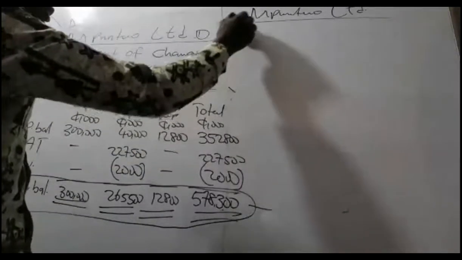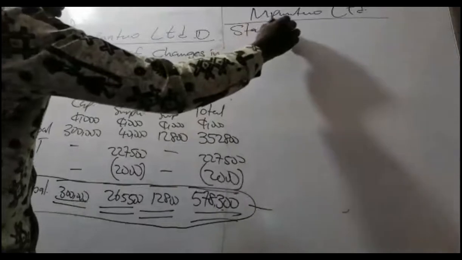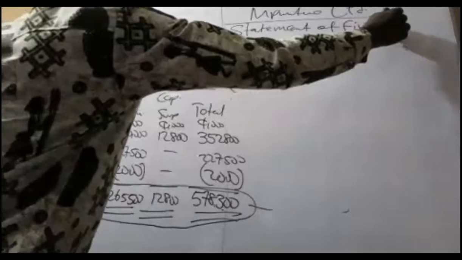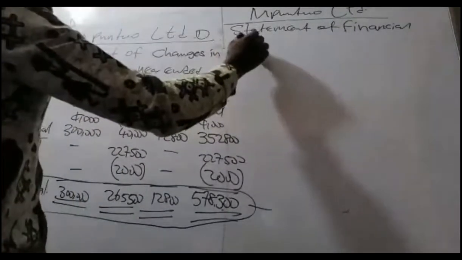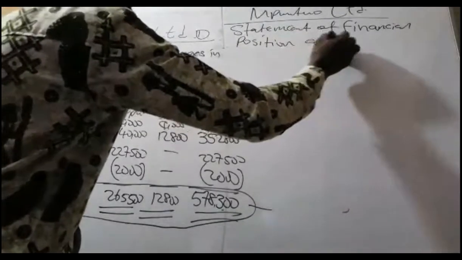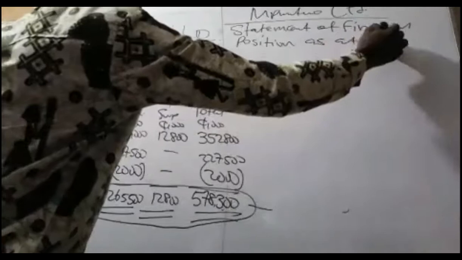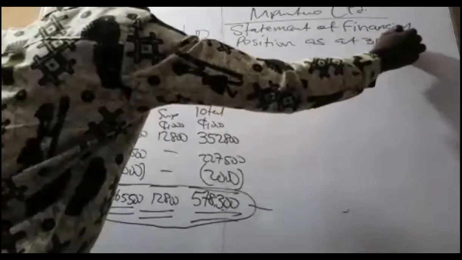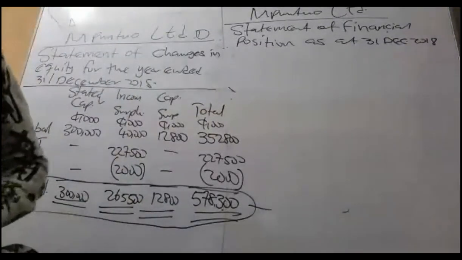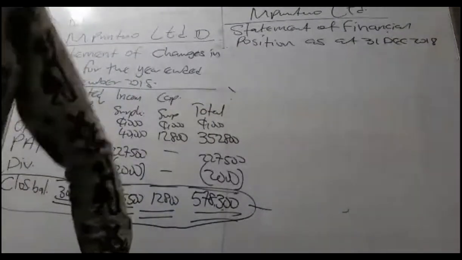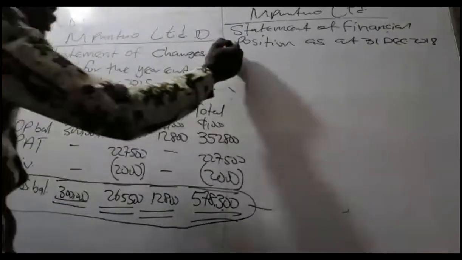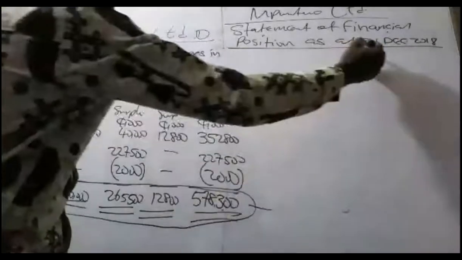Then statement of financial position as at 31st December 2018. Good. Then you put it there nicely. Then you underline it. Don't forget your currency.